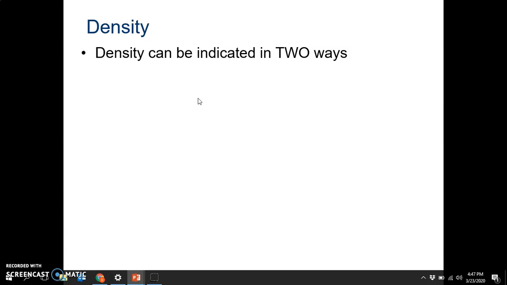Density can be indicated in two ways. The first is mass density. Remember we were talking before how density is equal to matter over volume, and matter can be mass or weight. Those are the two ways that density can be indicated, either mass density or weight density.